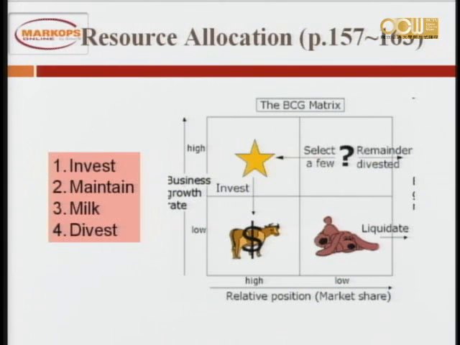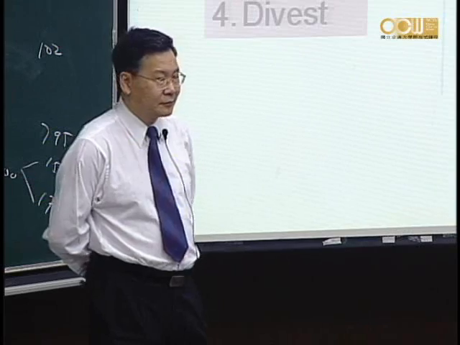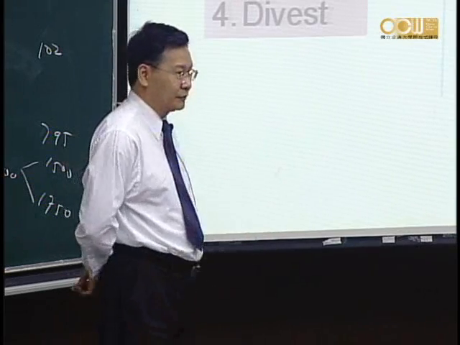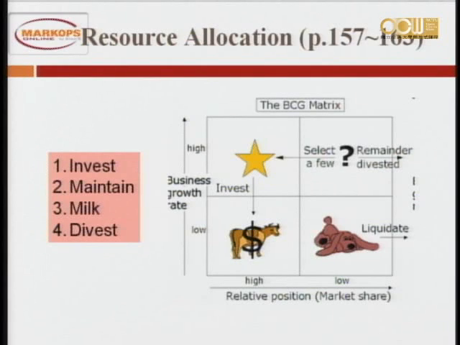You invest in problem child in general. Maintain, which one? Maintain both star and cash cow. Milk, which one? Cash cow, and dog might be milked, I don't know, but it can be milked something like that. Divest, either dog or star.